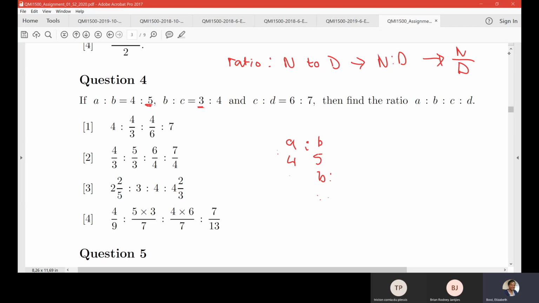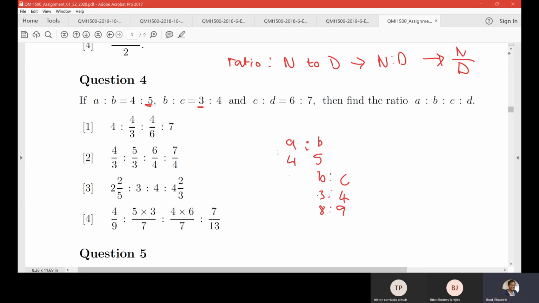But we know that B to C, B is 3 to 4. So then it will mean that if this one was 9, this would have been 5. No, this would have been 8. This would have been 8, and this would have been 9.